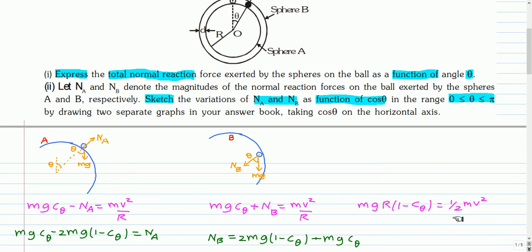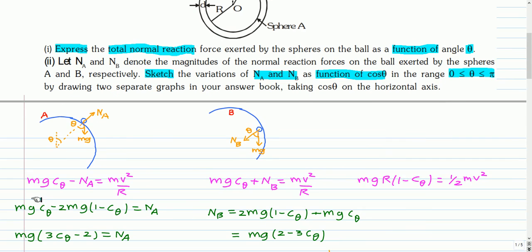So the increase in the kinetic energy, half mv square, will be equal to the drop in the gravitational potential energy, that is mg into the height. The drop in height is this distance, radius r, minus this distance, that will be r cos theta. So the drop in height will be r into 1 minus cos theta.